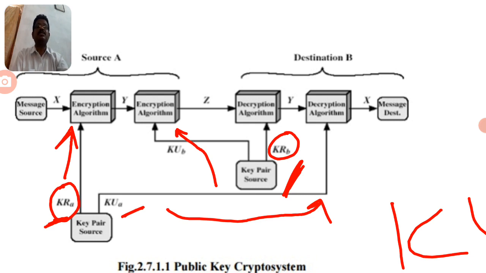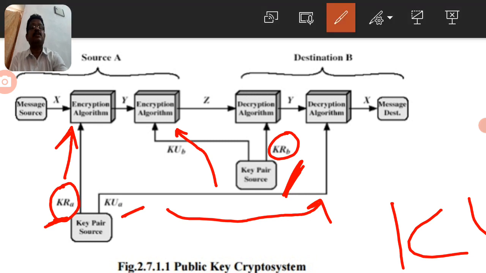Then the confidential message is generated. When is the authenticated message generated? If the sender uses his private key in the encryption, then the authenticated message is generated.